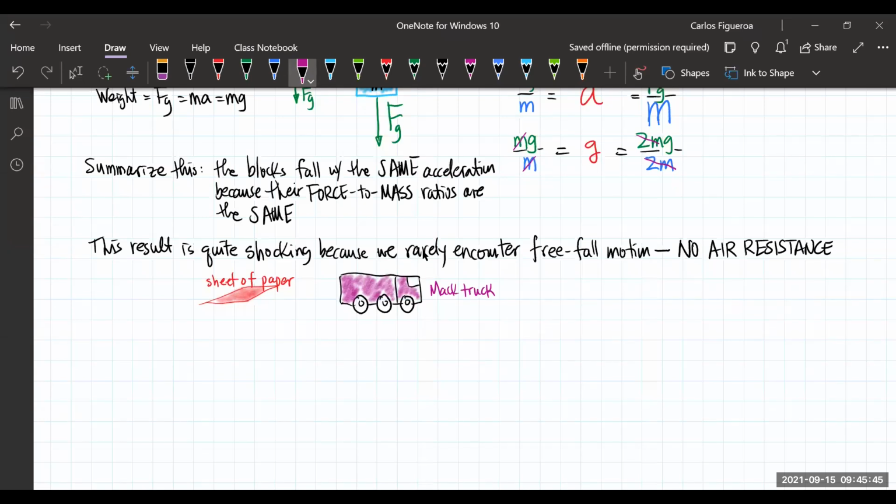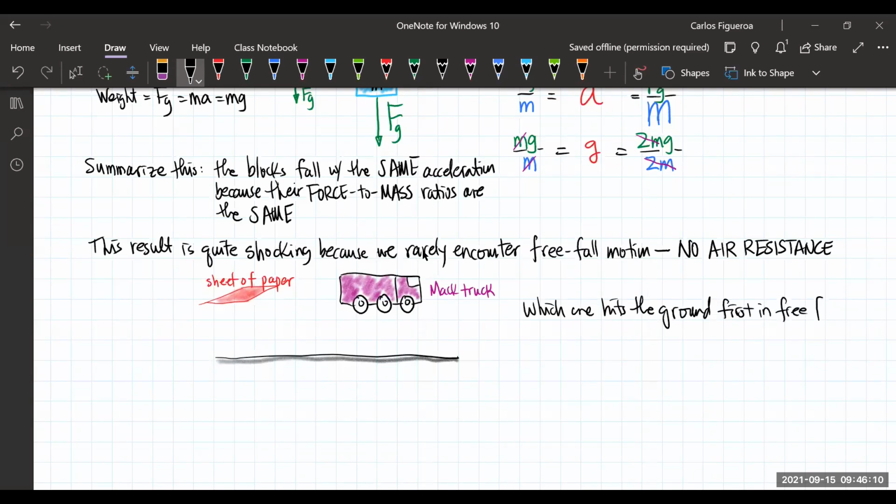And when we drop them at the same time, I ask you, which one hits the ground first, in free fall? Remember, no air resistance.